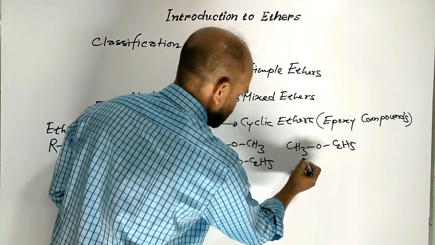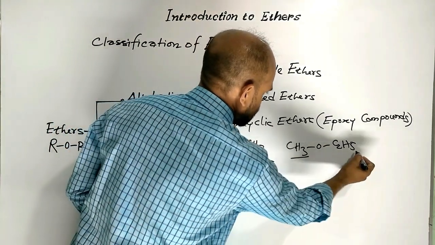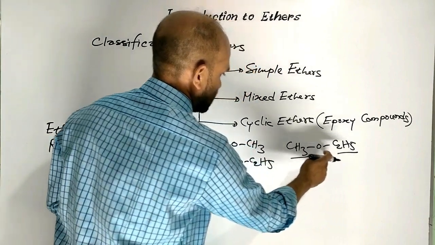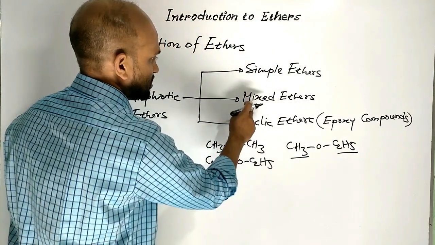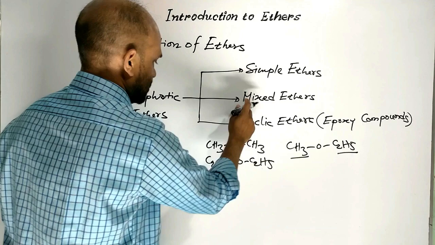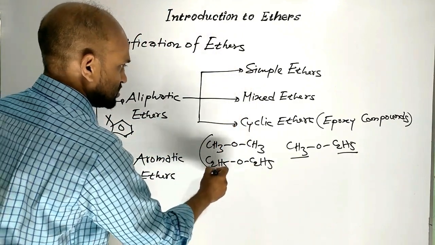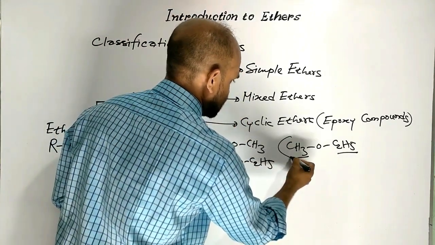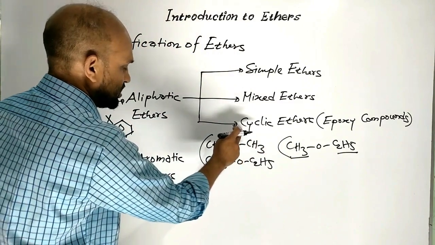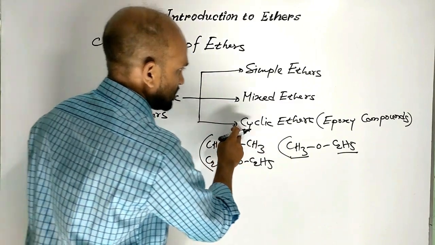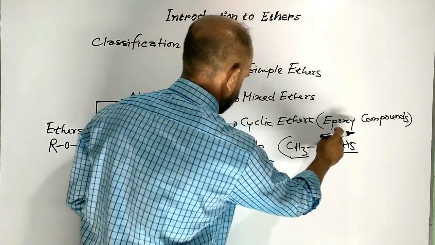Suppose here this is a methyl group, this is an ethyl group. So it's a kind of mixed ether. So, simple ethers, and this is a mixed ether. Now cyclic ethers, which are known as epoxy compounds.